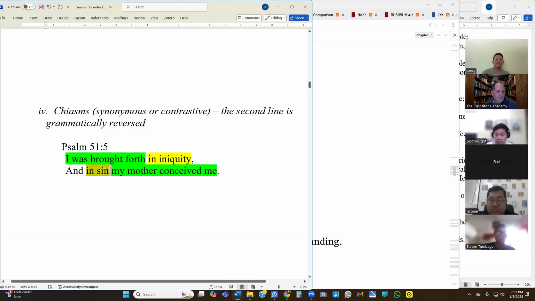In iniquity is at the end of the first line. In sin, which is the parallel statement in the second line, is at the beginning of the second line. So the author intentionally reversed the word order for emphasis.